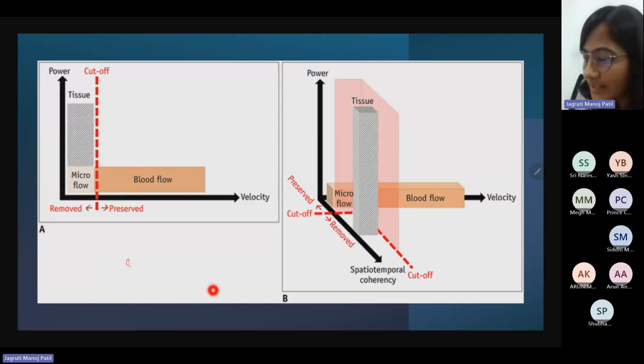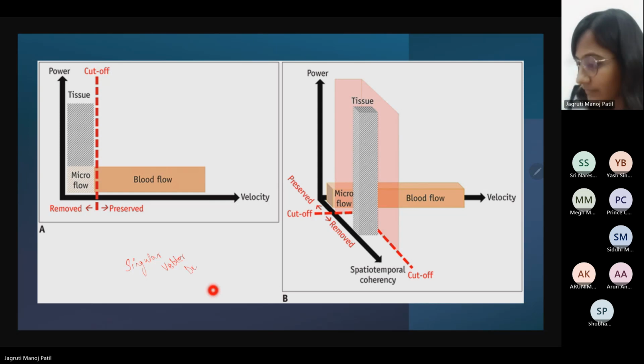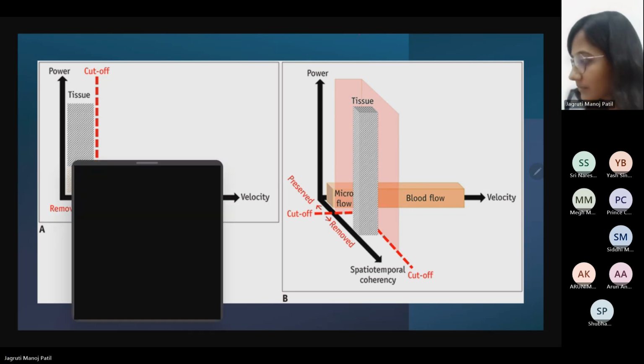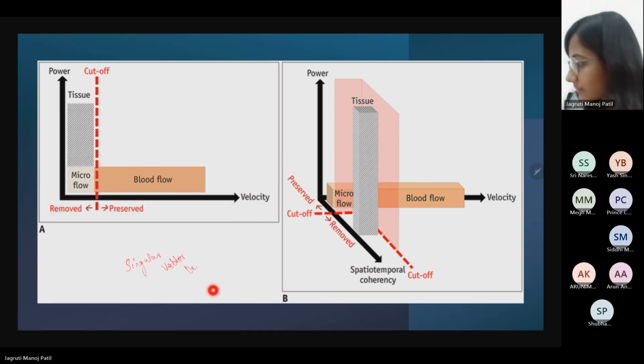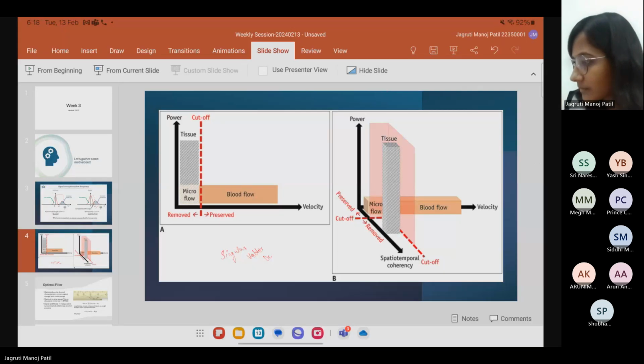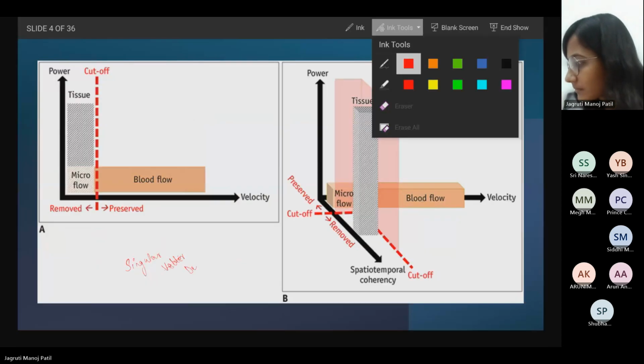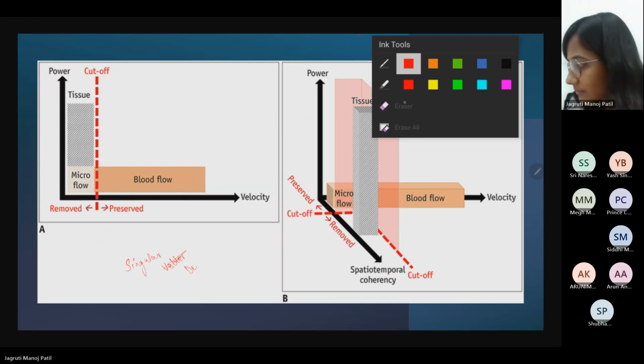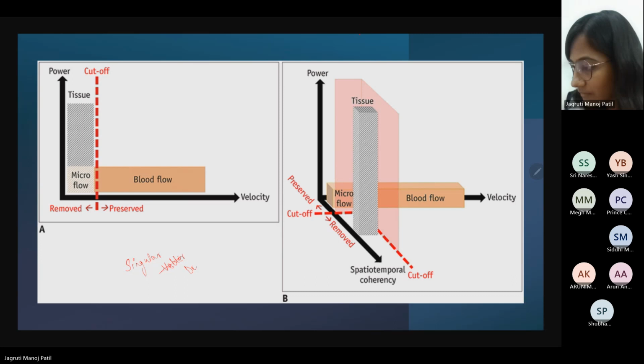There's a technique called SVD, singular value decomposition, sorry. So do you know what this does?